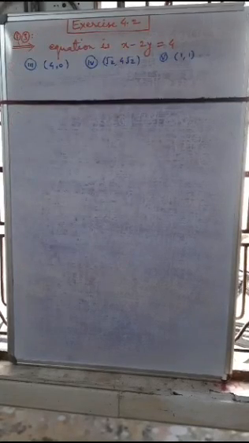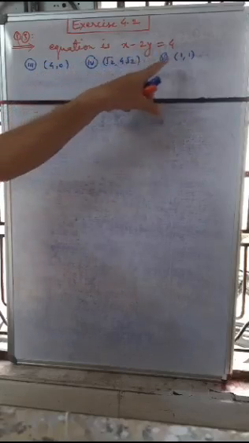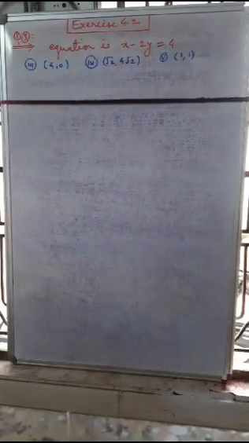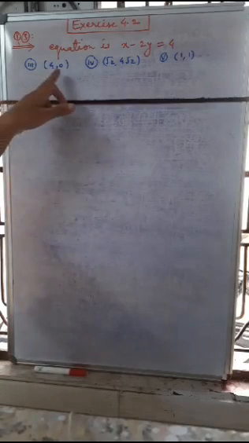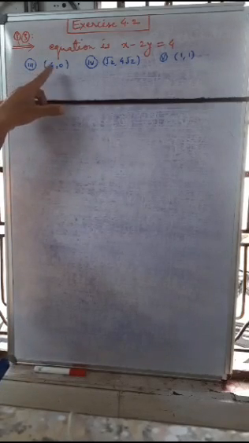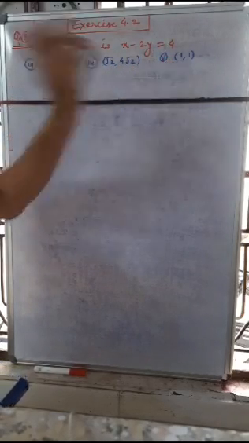Students, now in question number 3 of exercise 4.2, we will check. These are the options 3, 4, 5. I have chosen only 3 options. You will try to solve 2 more options as homework. The options are 4, 0; root 2, 4 root 2; and 1, 1.